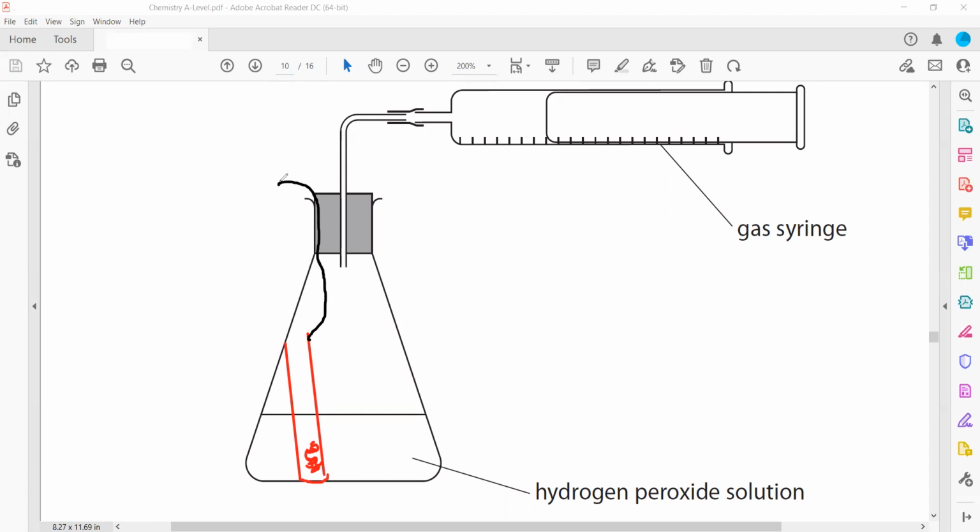What we will do is remove the thread. The moment we remove the thread, the metal oxide will come out from the test tube and the reaction will start. That does not allow the gas to escape. This is always the procedure we take whenever we don't want the gas to escape.